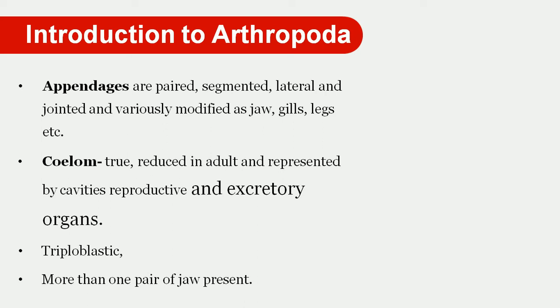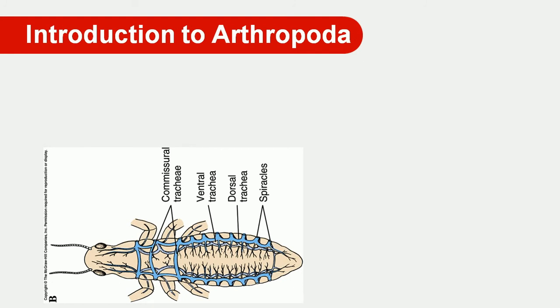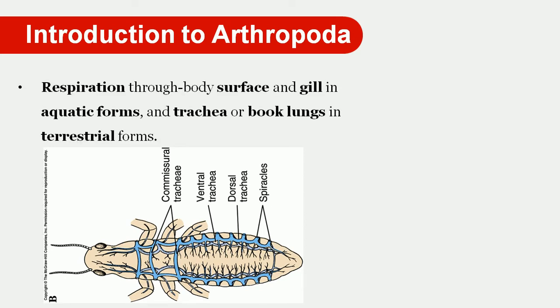Next character feature: you can see the pictorial presentation, which is a lateral section of the animal, and you can view the respiratory system in the pictures. There is the commercial trachea, ventral trachea, dorsal trachea, spiracle, and respiration is carried out.